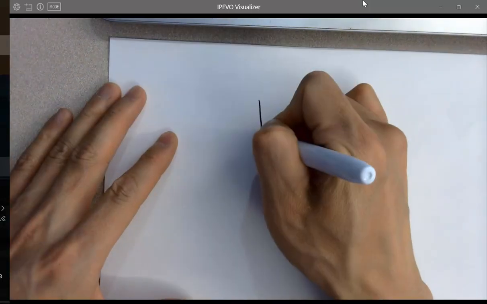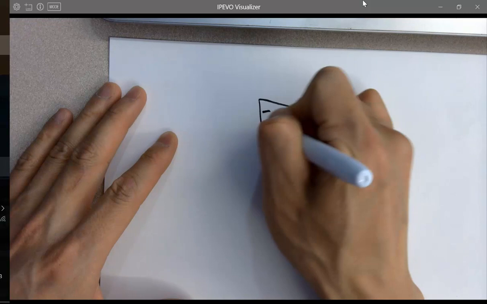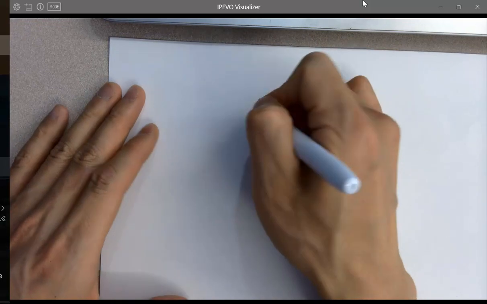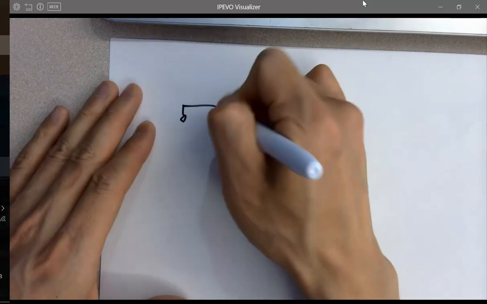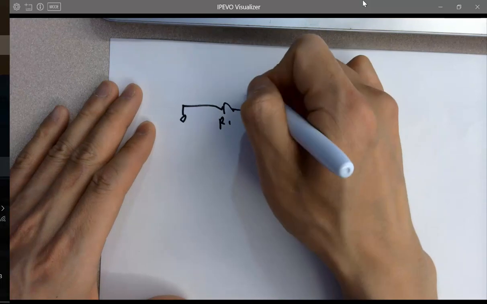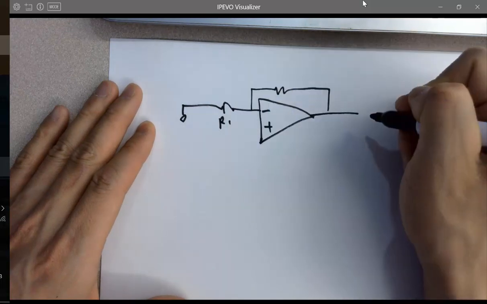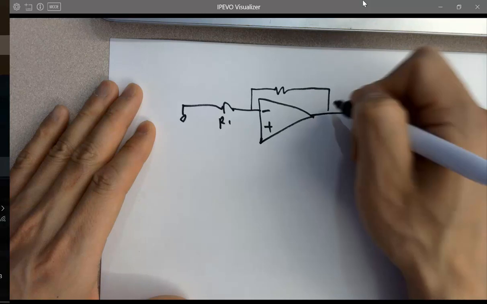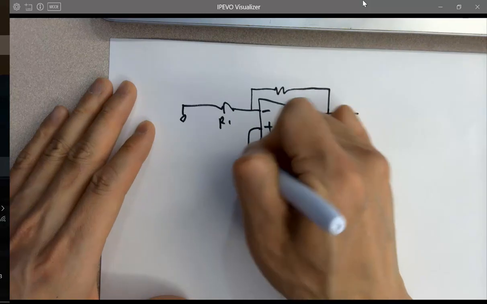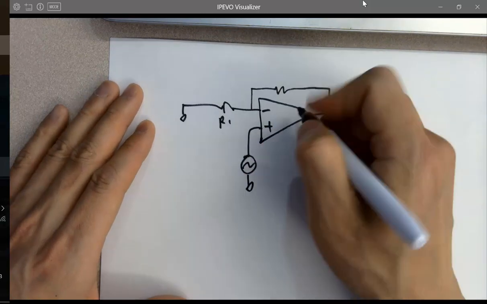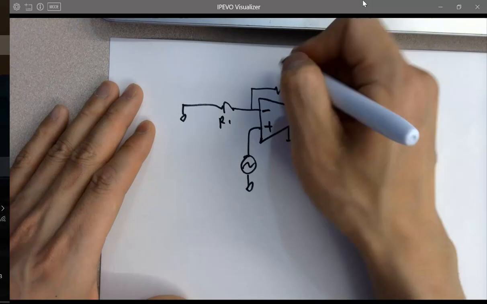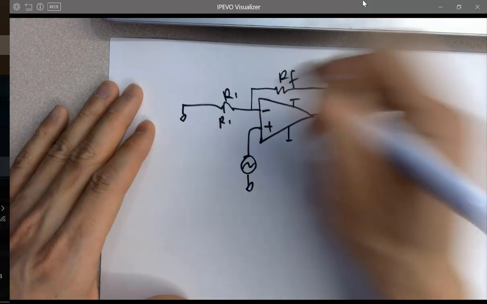So what if you feed the signal to the non-inverting terminal? You said it's only a 1% scenario, right? Yeah, non-inverting. You have to do it in the lab, so I'm going to introduce it.